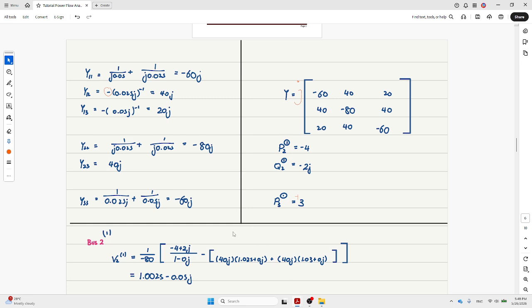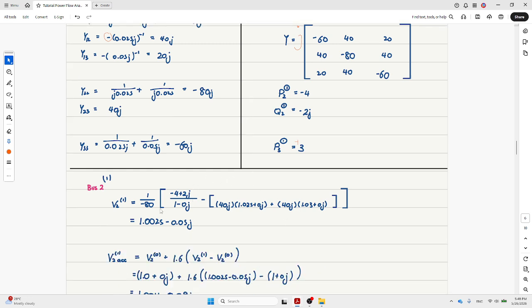Again, the construction of the voltage equation based on Gauss-Seidel: the voltage of bus 2 in the first iteration is 1 over Y22, which you can see here, times P minus jQ, or in simple terms S conjugate.